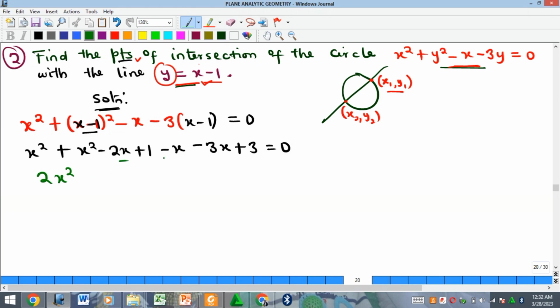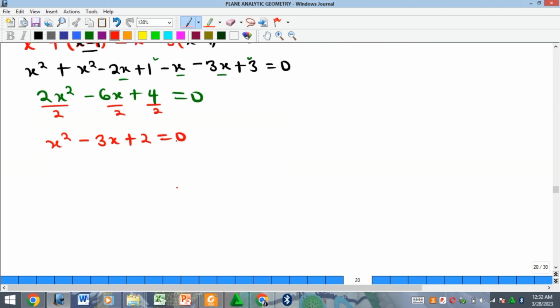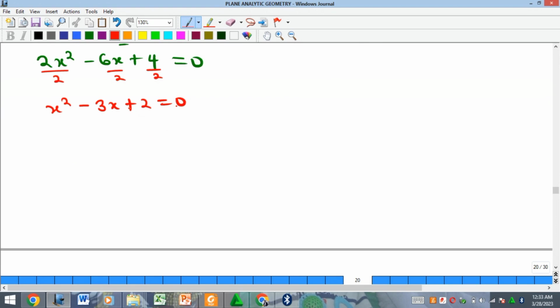Gathering all the x terms, we have negative 6x, and gathering all the constants, we have positive 4, and that is equal to 0. Now recall that the coefficients are even, so we can divide every term by 2, and that gives us x squared minus 3x plus 2 equal to 0.